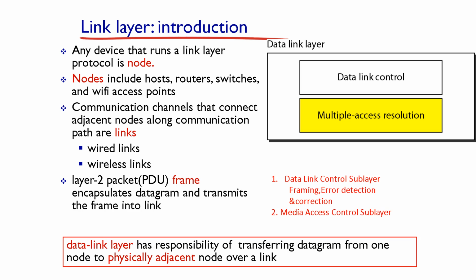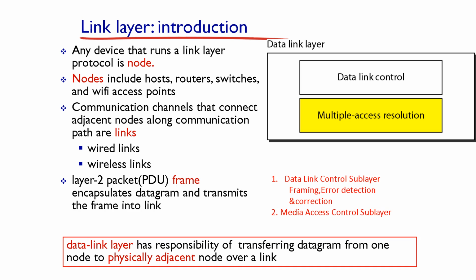We shall divide the link layer into two different sublayers. One is the data link control layer and another is the multiple access layer, or multiple access resolution. The data link control layer performs services like framing, providing reliability, and some other services; the main services are provided by the data link control.